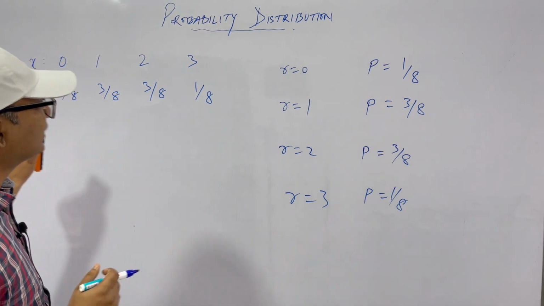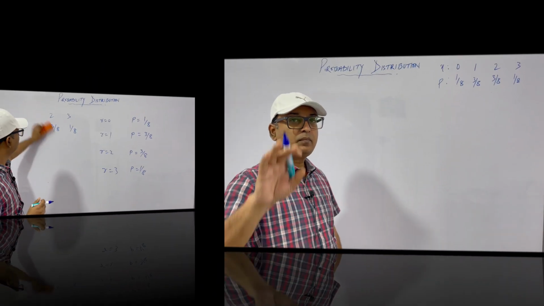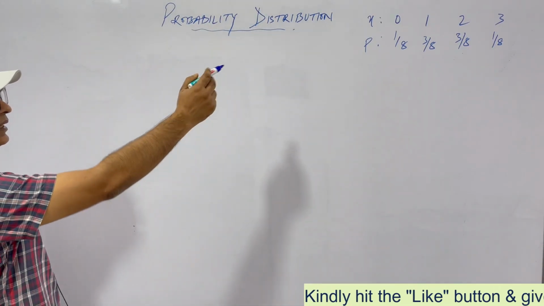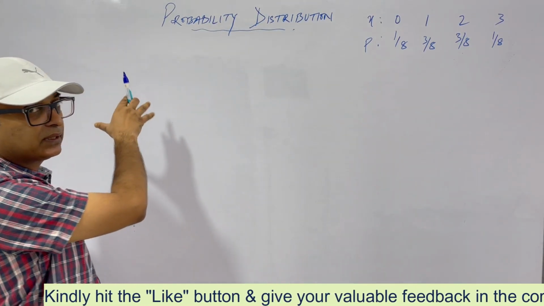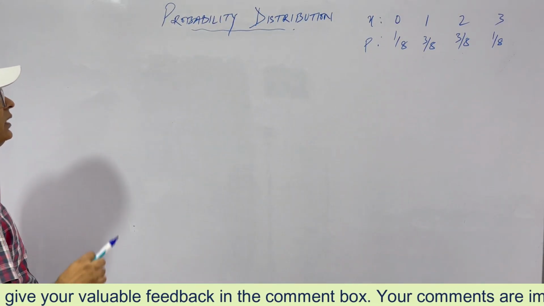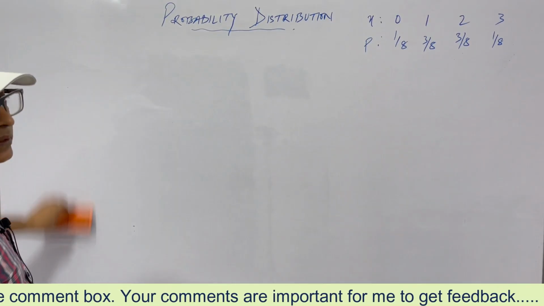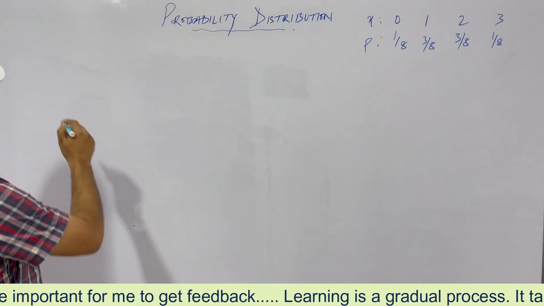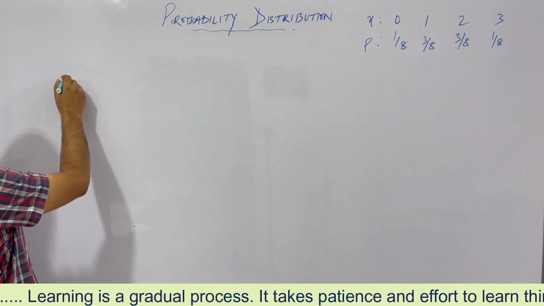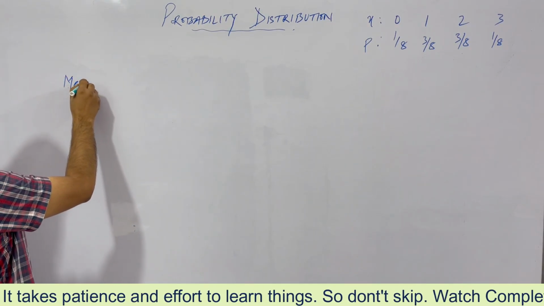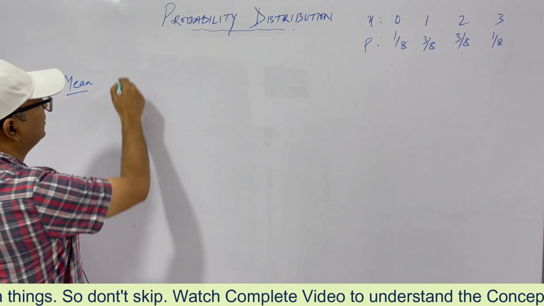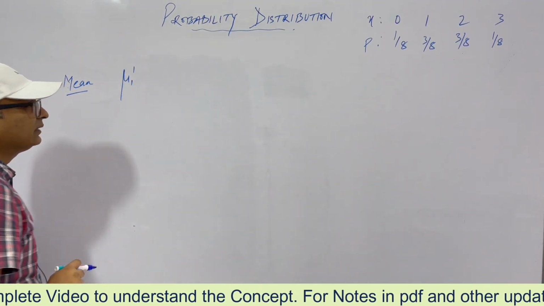Now I will discuss some other concepts. I have written that distribution over there, so that after discussing the concept we will calculate from this distribution table also. What we need to know is the mean. What is mean? Mean is given as mu1 dash.